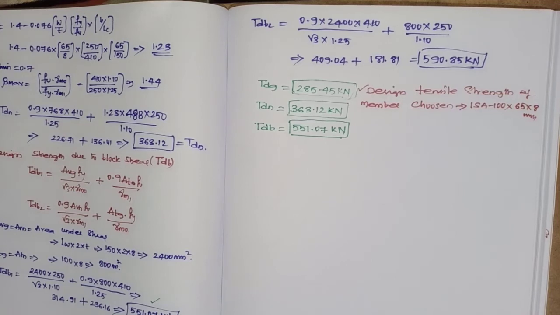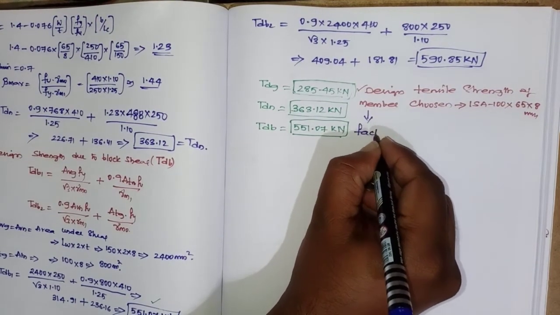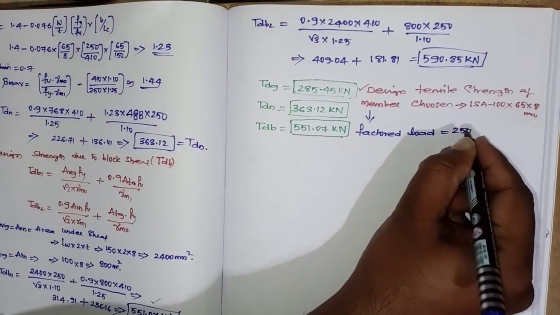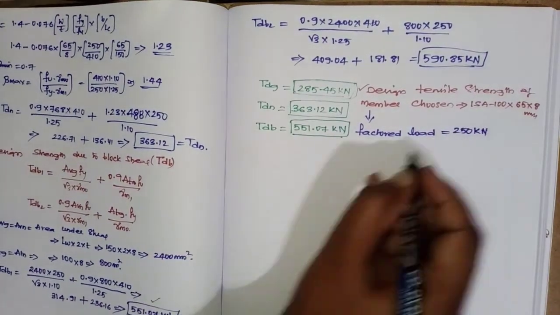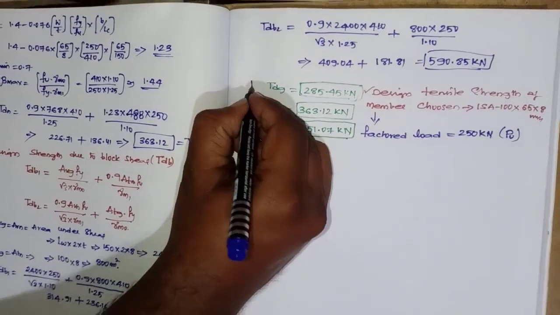Now this is what problem? Design problem. We have to arrive at the value, but whether it is safe or not, whether the section chosen is sufficient or not, how do you have to check? You have to compare with the factored load. What is the factored load given? It is 250 kilonewtons. Okay, this is PU, and this is PD.